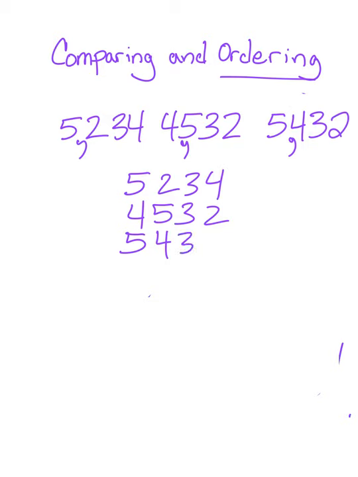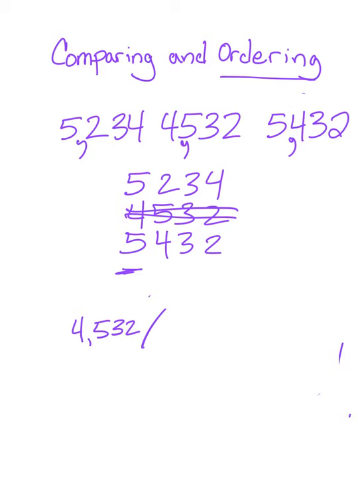So when I look at these, if I start over in the left column, which just happens to be the thousands place, I can easily see which one is the smallest out of those. Two of them have a 5 in the thousands, one has a 4. So I know the 4,532 is the smallest. So now I have to determine which of the next two is the next smallest.